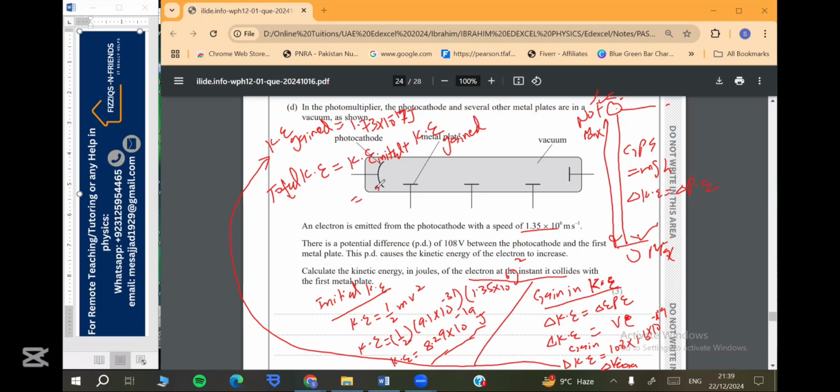So adding them all, it will be 8.29 into 10 raised to the power minus 19 plus 1.73 into 10 raised to the power minus 17. And adding them together, it will give you 1.8 into 10 raised to the power minus 17 joules. Okay.